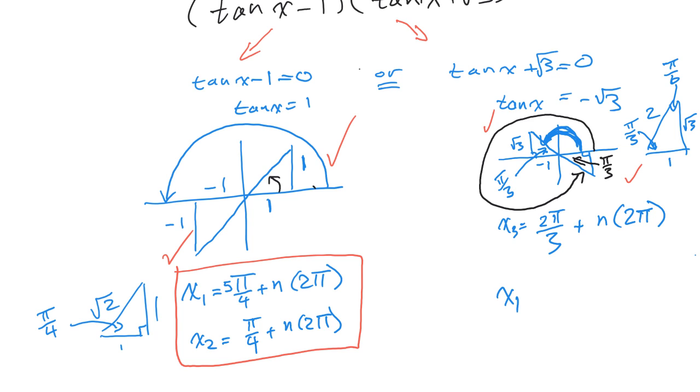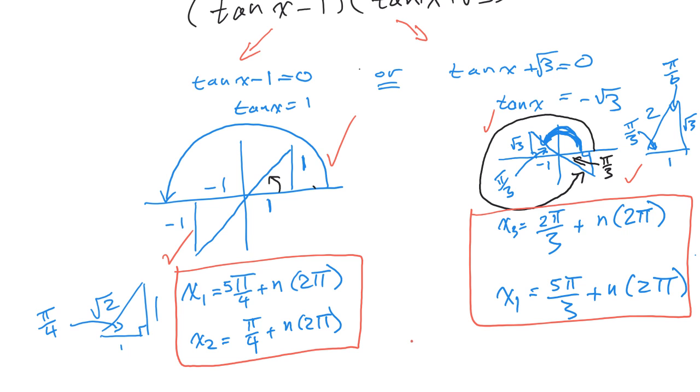We take 6 pi/3 minus pi/3, which gives us 5 pi/3, plus n times 2 pi. And there we go. For all of these, you must say that n belongs to integers for every single one of them. And that's how you get your solutions.